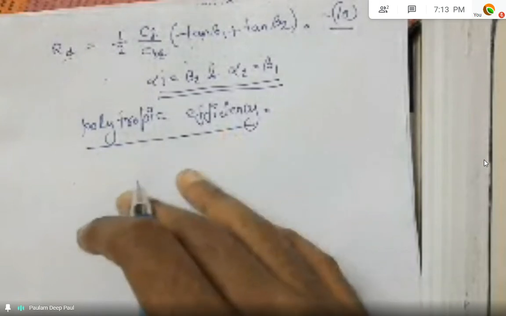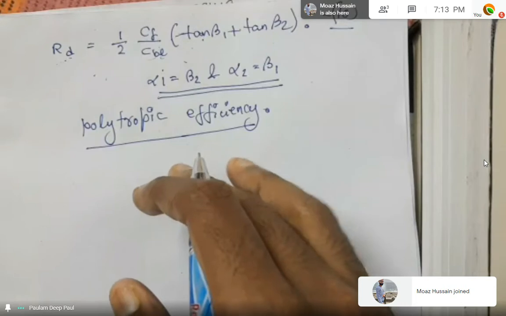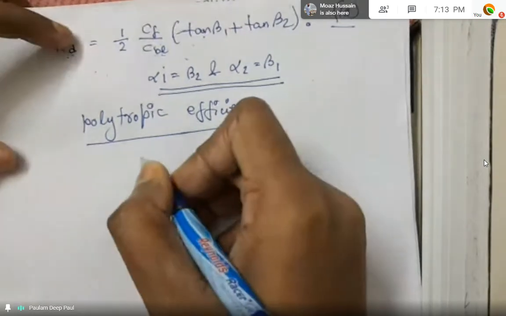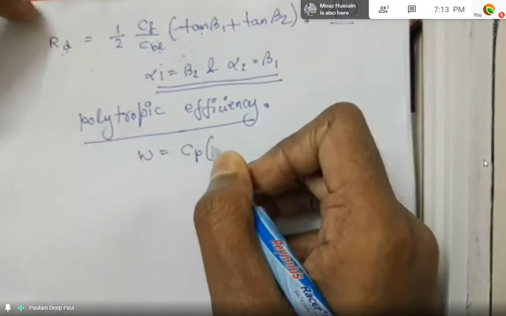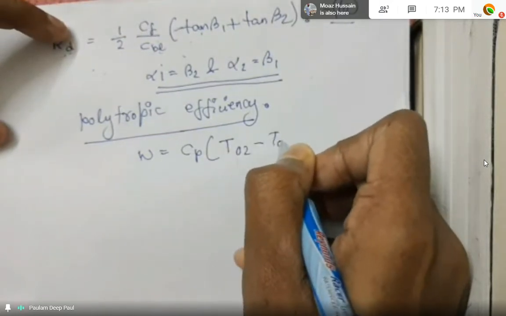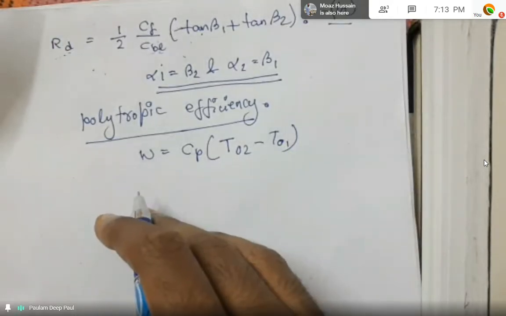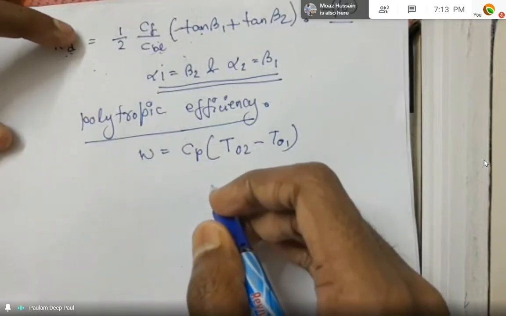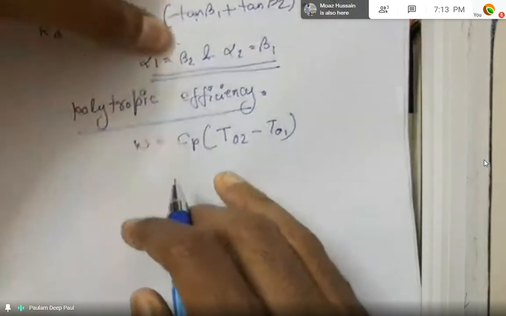For polytropic efficiency, we basically move through a polytropic process for an axial compressor, and we write the work done as C_p, the specific heat at constant pressure, multiplied by T_02 minus T_01. You can recall this from the earlier work done that I showed you earlier in the lecture. And now for the polytropic efficiency, let us draw a curve first.